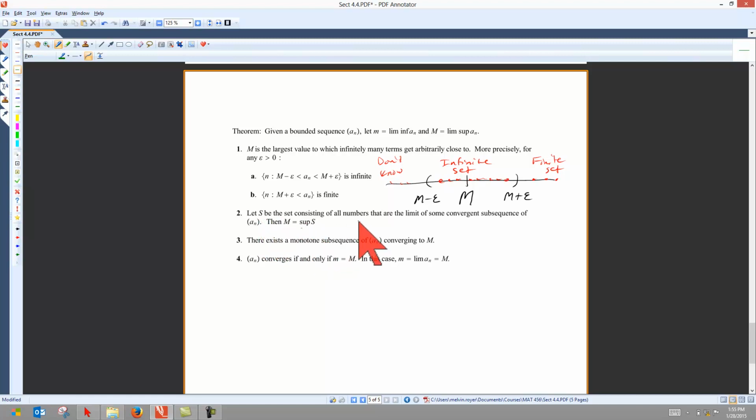If I take all possible convergent subsequences and what they converge to, the biggest thing that anybody converges to is the limit superior. You can kind of see that in this picture. If I tried to talk about something up here, no subsequence is going to converge to this green guy, but a subsequence will converge to capital M. So the set is infinite, so there's lots of stuff in here that's bouncing around close to M.